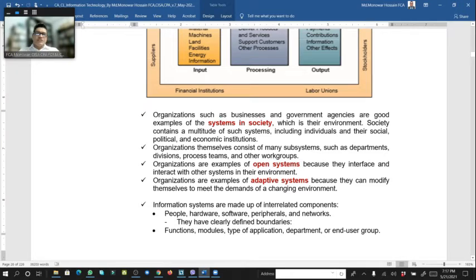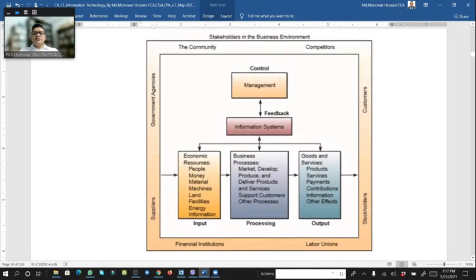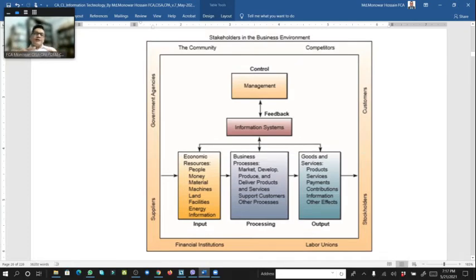This organization is basically an example of an open system because this system has the capacity to adjust with other systems. That means our business processes are always changing, based on our customers' demand, because nowadays your product has to be customer oriented.